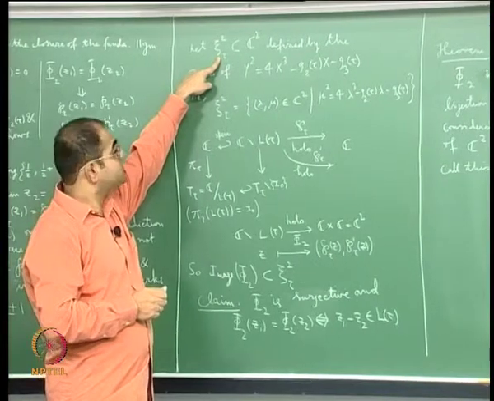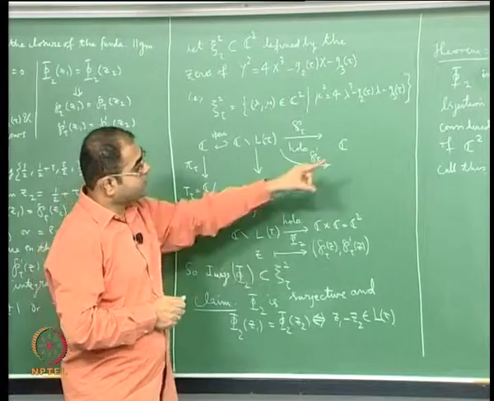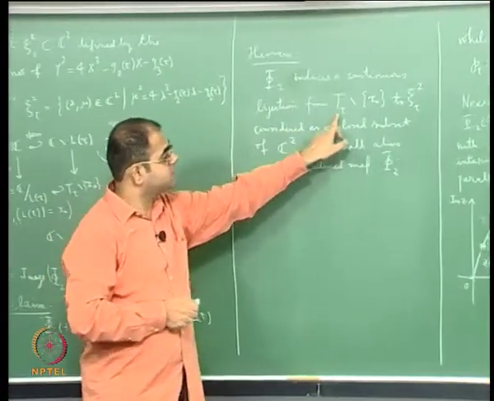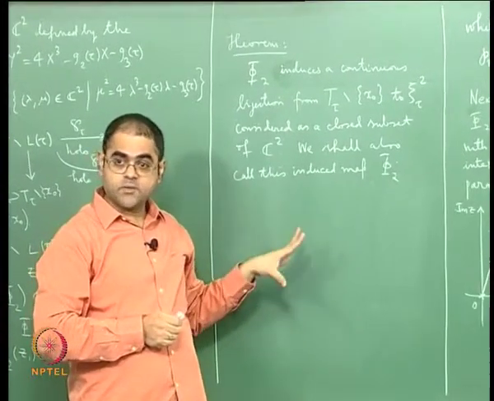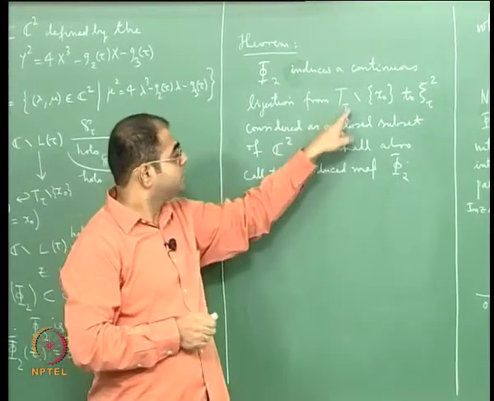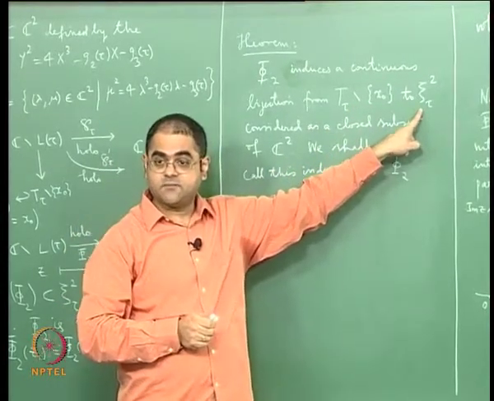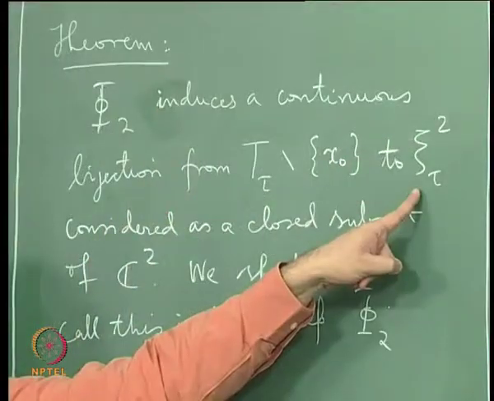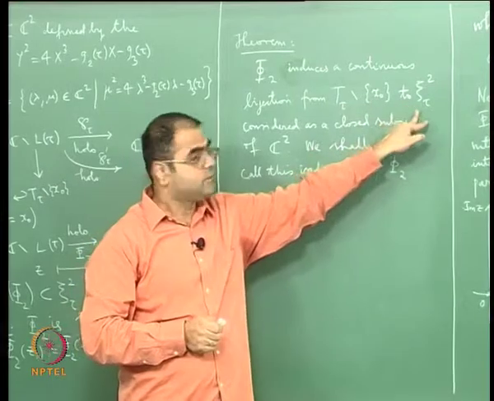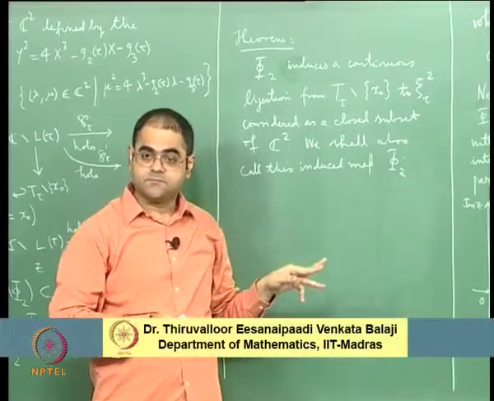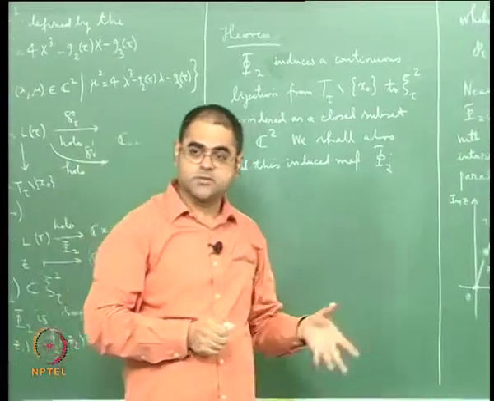Once you add that one point, the continuous bijection from the punctured torus will extend to a homeomorphism of the full torus to the compactification with that one point, the so called point at infinity, added. That is what we will do in the next lecture. So I will stop here.